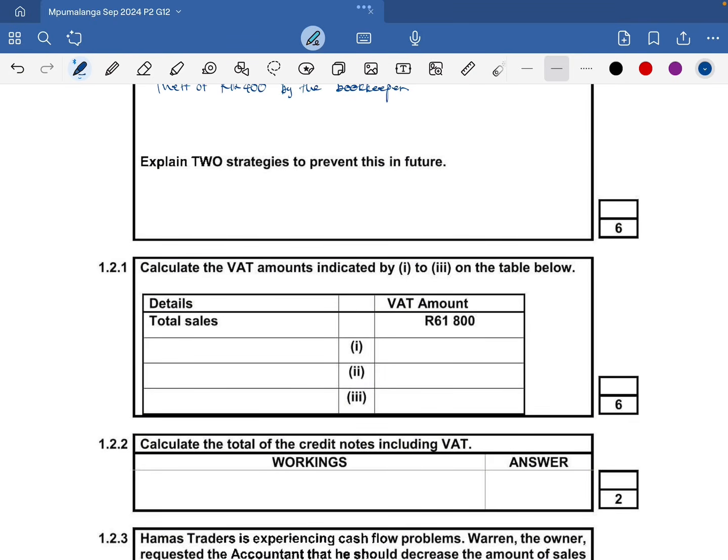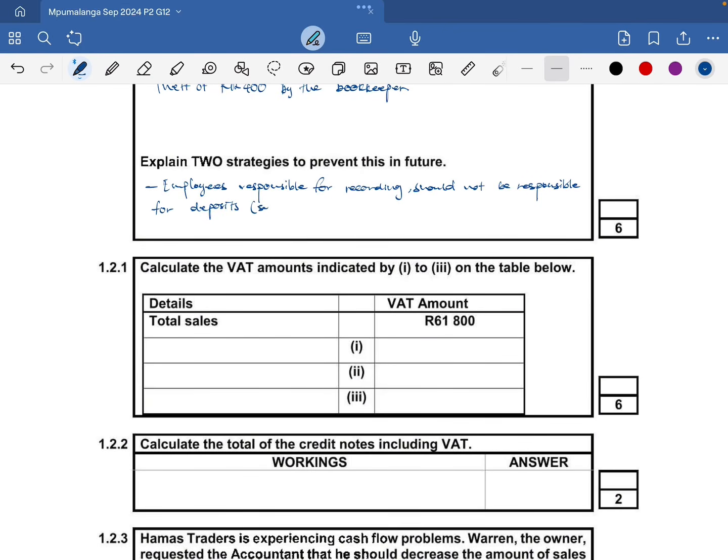So what you can do, one of the simplest things is segregation of duties. So let's just say employees responsible for recording cash, or recording, should not be responsible for deposits.